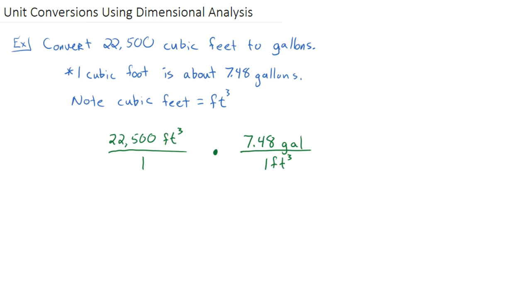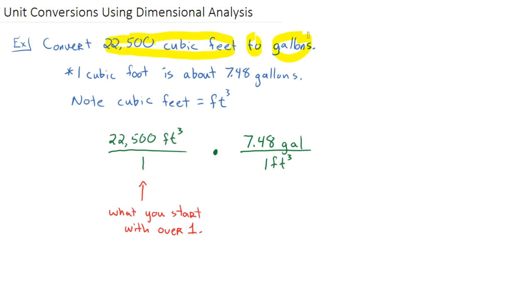Now let's look at this first fraction. The first fraction will always be what you start with over 1. What I mean is we are starting with cubic feet and converting them to gallons, so the first fraction is always what we're starting with.